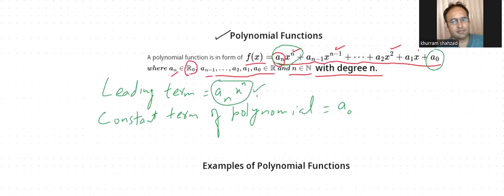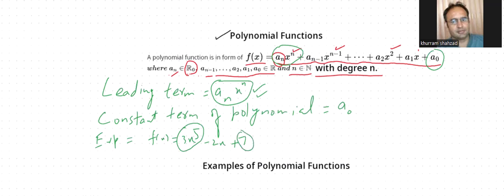So, for example, this is a function f of x is equal to 3x raised to power 5 minus 2x plus 7. So 3x raised to power 5 is the leading term of the polynomial, and this is the constant term of the polynomial.